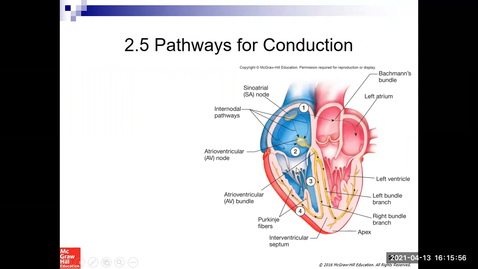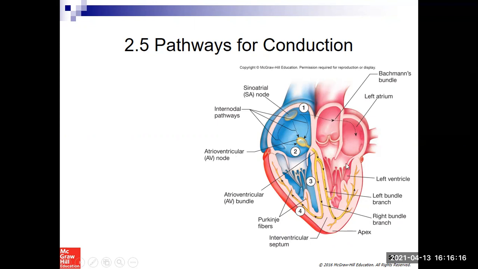We have an atrioventricular bundle here that branches into the right and left. And we have Purkinje fibers that wrap around here. Okay, Purkinje fibers. And this would be the apex of the heart. And we have that interventricular septum.